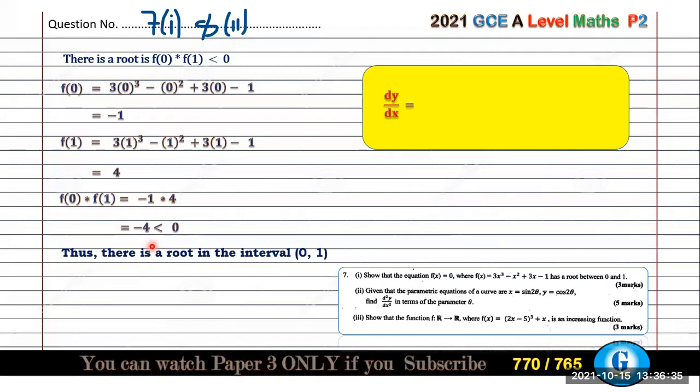We know that dy/dx is the same as dy/d theta over dx/d theta, or you can write dy/d theta times d theta/dx. This is the same thing.